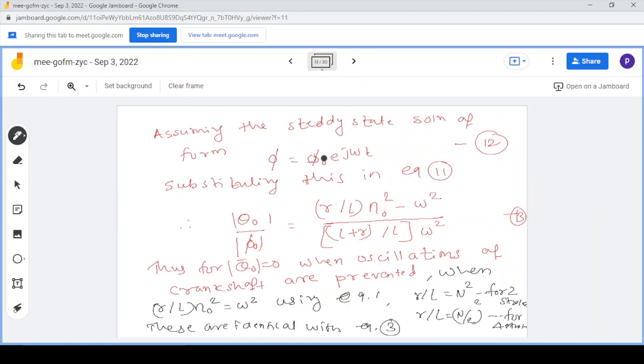To obtain the solution of that expression, we assume the solution is of steady state, having the form phi is equal to phi 0 e raised to j omega t, and then by rearranging this and substituting expression 12 in expression 11, we get this expression. So we can write theta is equal to 0, when oscillations of the crankshaft are prevented, when this is followed, that is r by l, n0 square is equal to omega square.